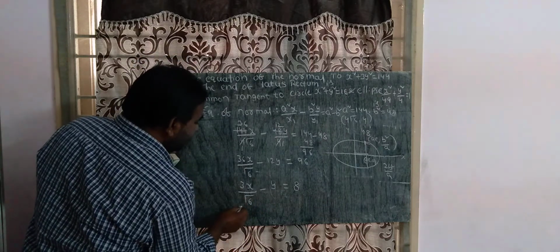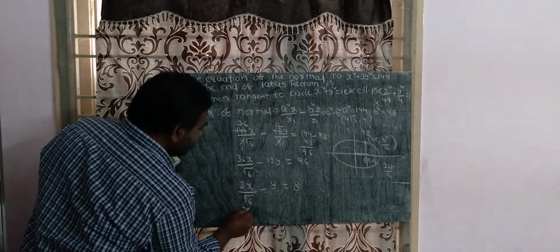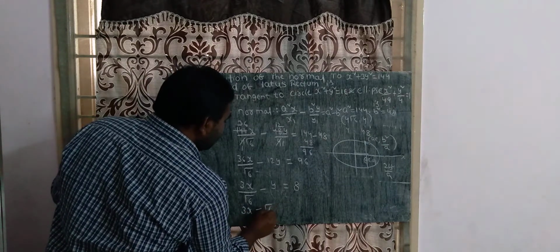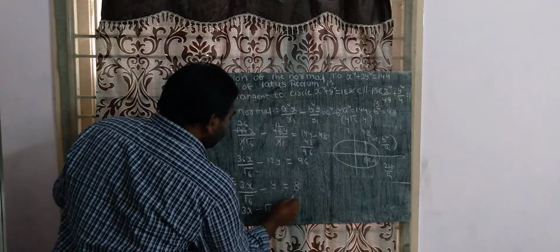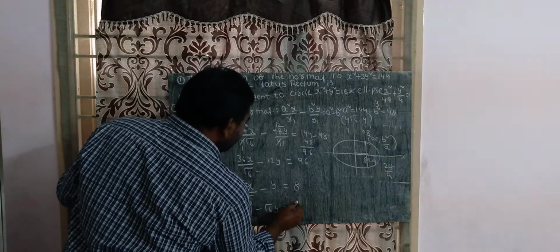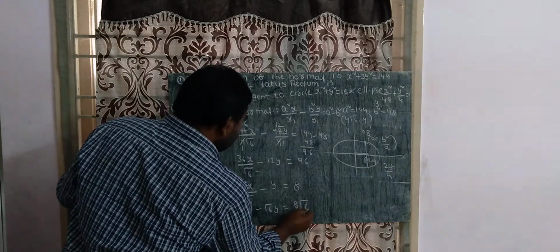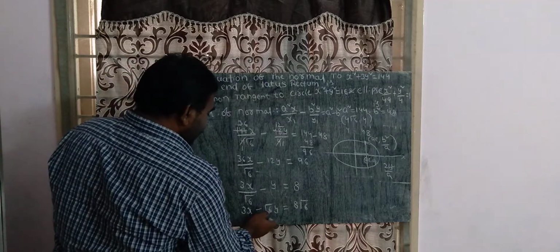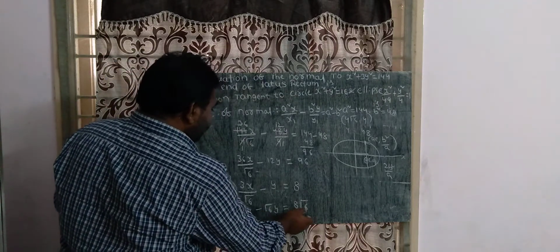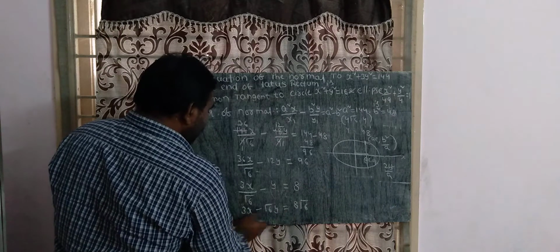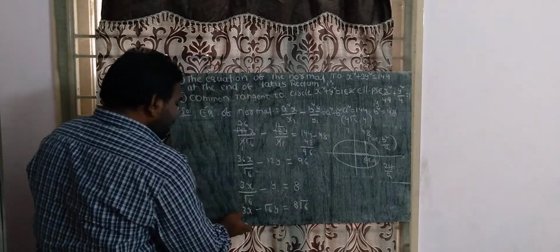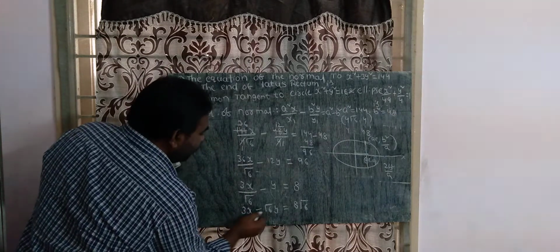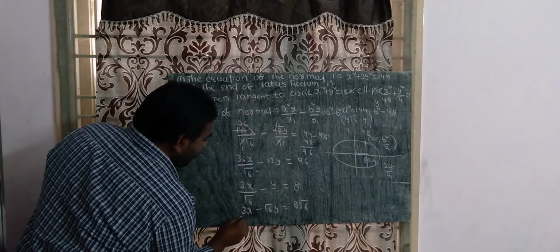Let us cancel root 6 on both sides with the denominator. We get 3x minus root 6 y is equal to 8 root 6. Okay. Here again we cancel with root 3 on both sides. 3 means root 3 into root 3, so if we cancel, root 3 remains.